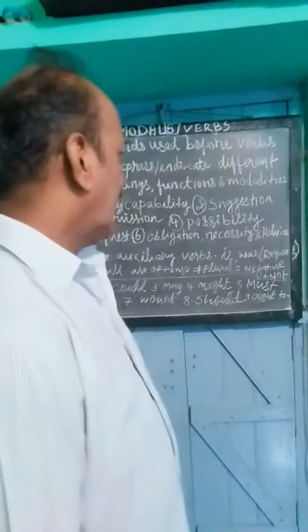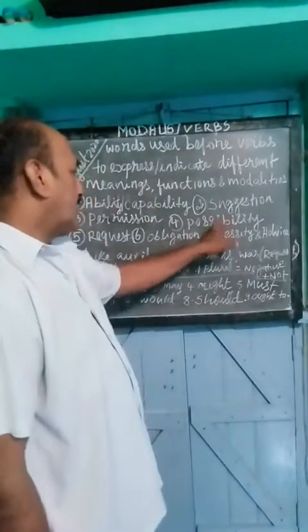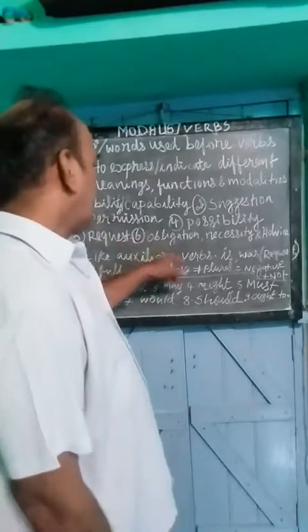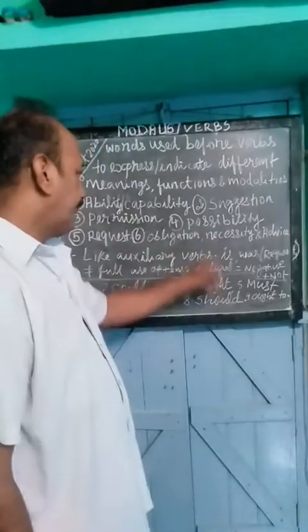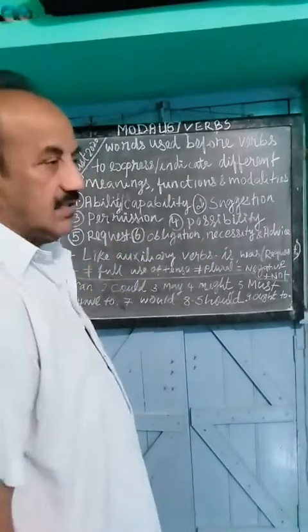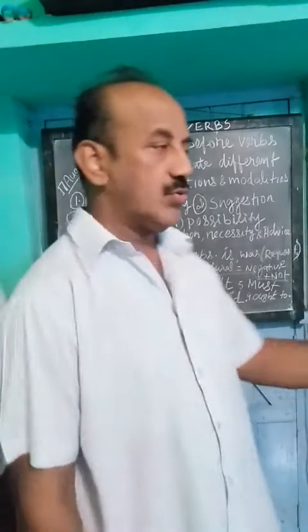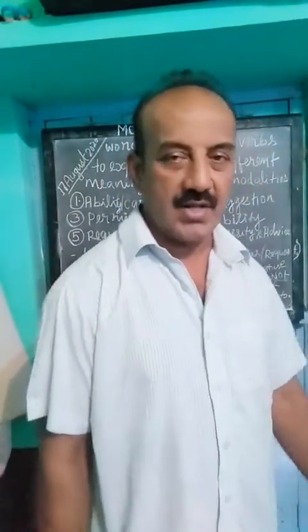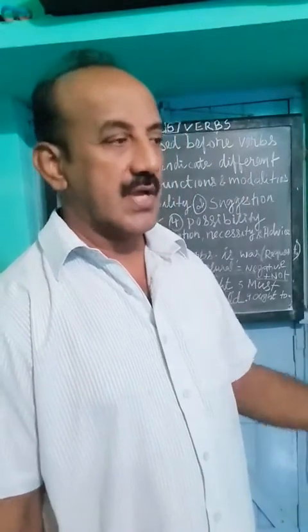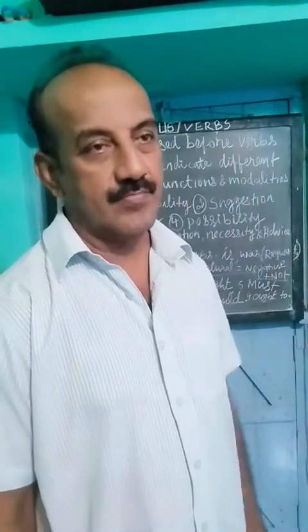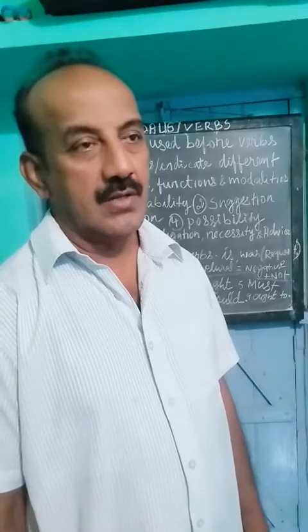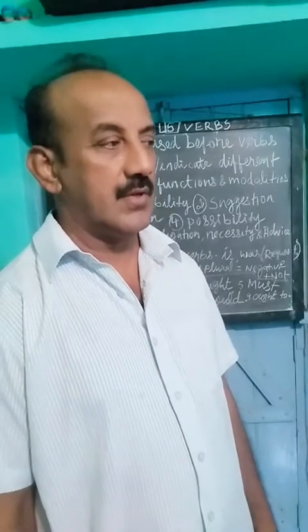So to express suggestion, permission, possibility, request. I request you to come to the class. You can use that word. But you say, can you come to the class? Would you like to go?